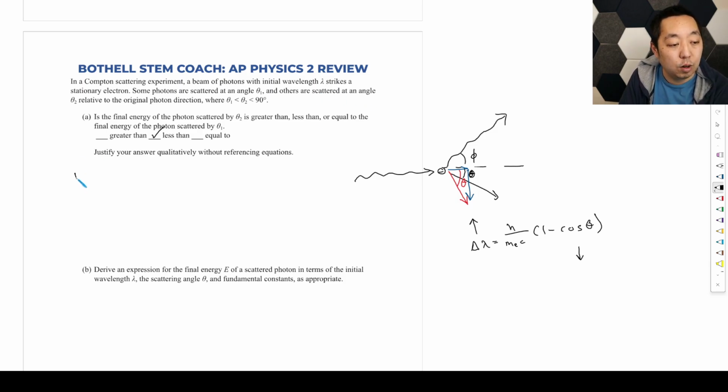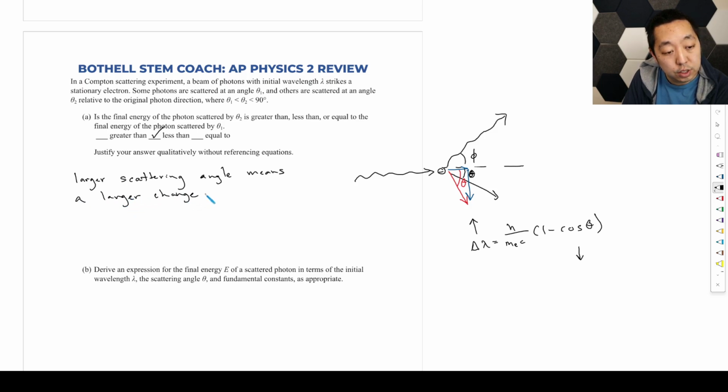I know we're not going to reference equations here, but what we're going to talk about is that a larger scattering angle means a larger change, meaning a larger increase in the wavelength of the scattered photon.